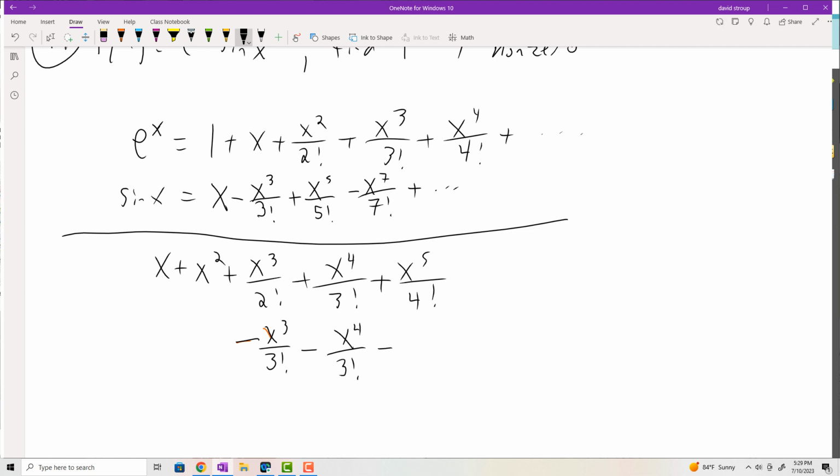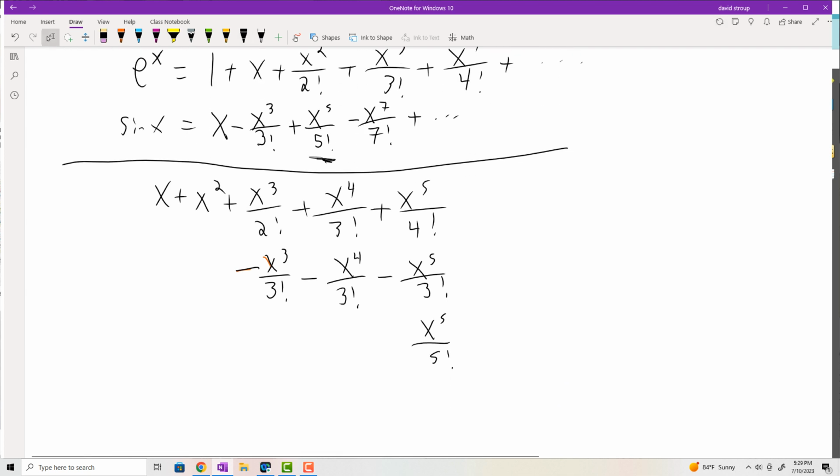And then negative x to the 5th over 3 factorial. And then I'm going to distribute the next expression, the x to the 5th expression. Times 1, we'll put it way out here, x to the 5th over 5 factorial. And x to the 5th over 2 factorial times 3 factorial right here.